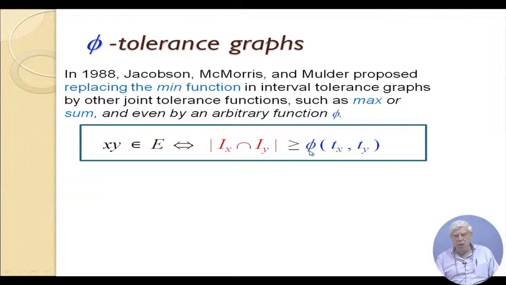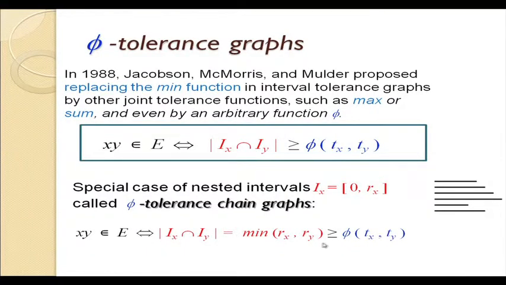If this was min, I would have my class of interval tolerance graphs. But they also studied phi being max, sum, and also a special case where intervals are nested, called phi tolerance chain graphs.